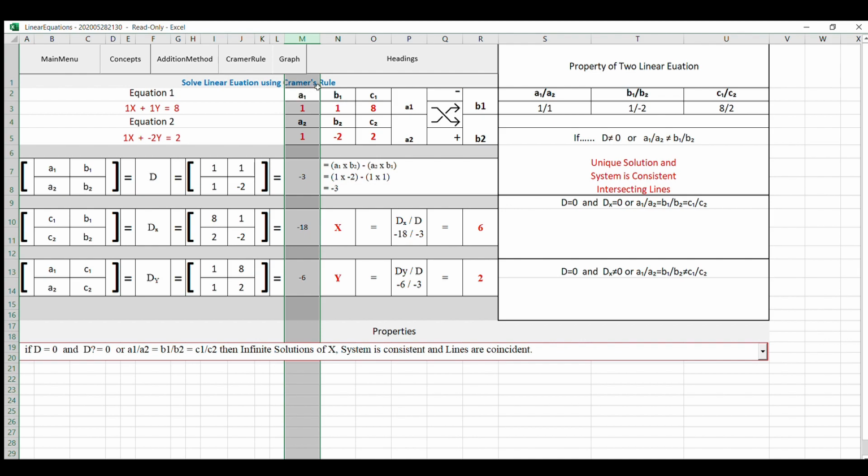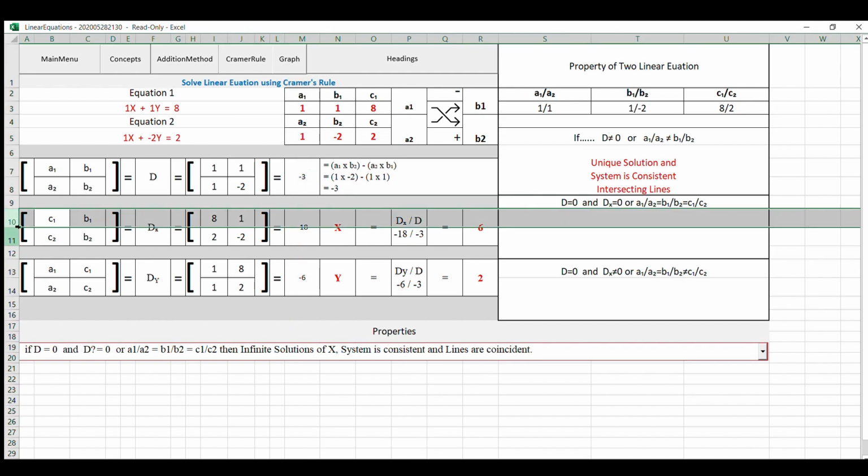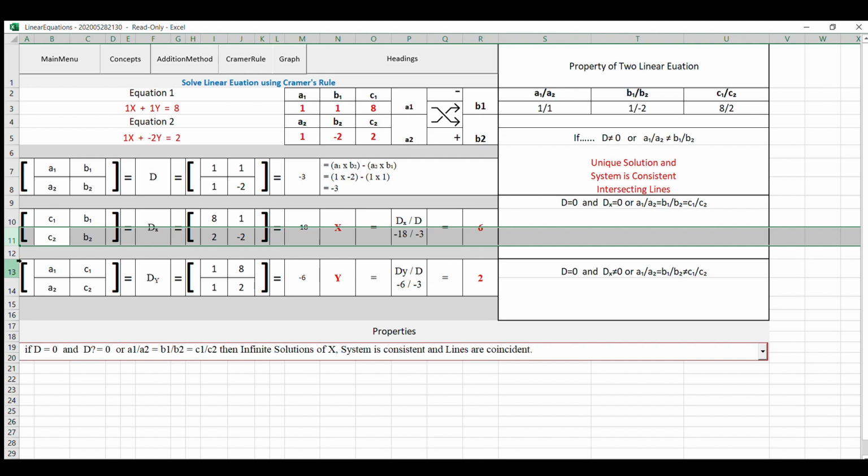So in this case, earlier you took A1, B1, that is the order you have chosen. Now here you have to take C1, then A1. So technically speaking, for X, you eliminated values of A1 and you have written C1, B1, C2, B2. Okay, so this is your second matrix.